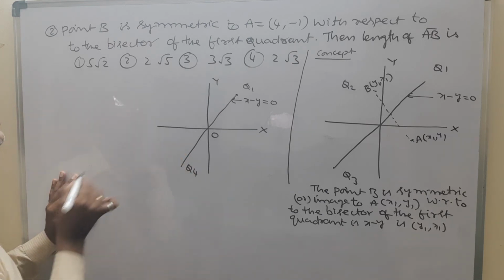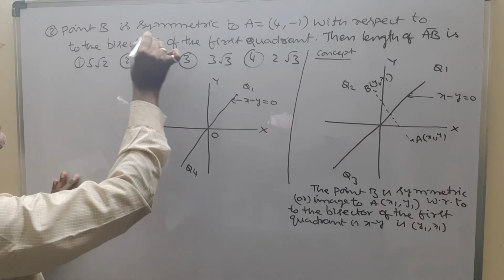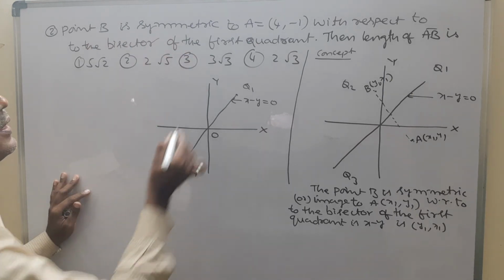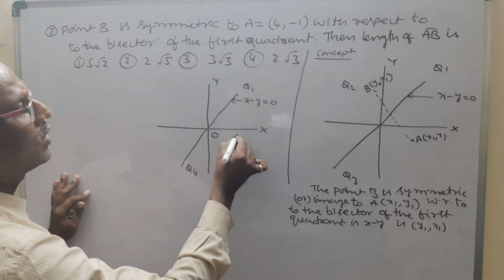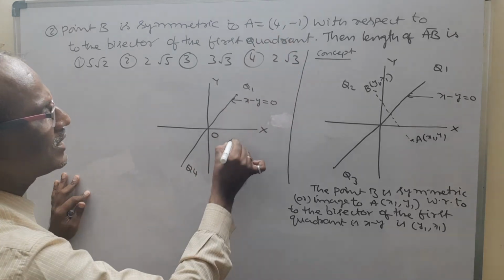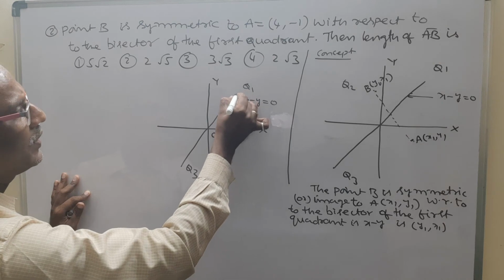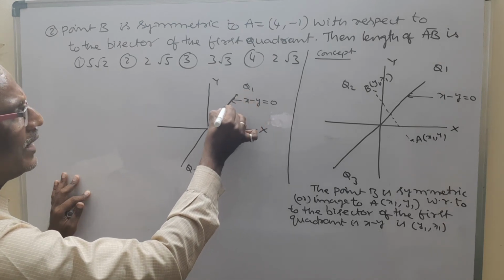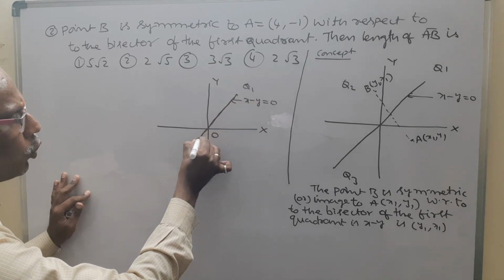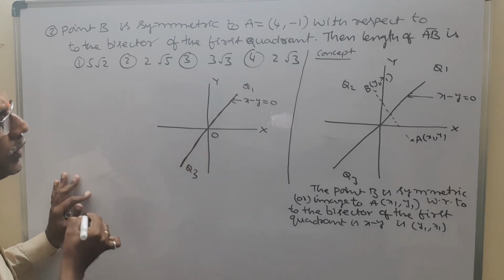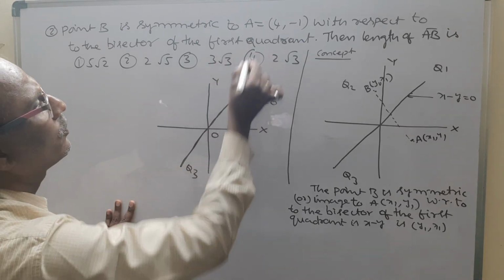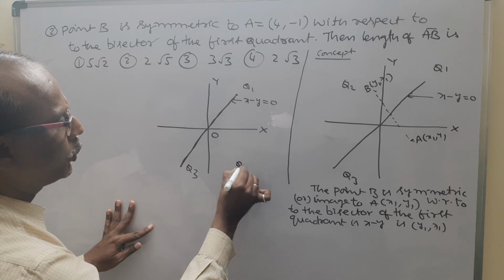Here, in this question, point B is symmetric. Symmetric means image. Capital A 4 comma minus 1 lies in fourth quadrant. The line x minus y equal to 0 passes through Q1 and Q3. Here capital A 4 comma minus 1 lies in Q4.